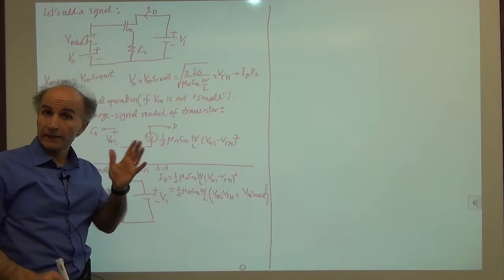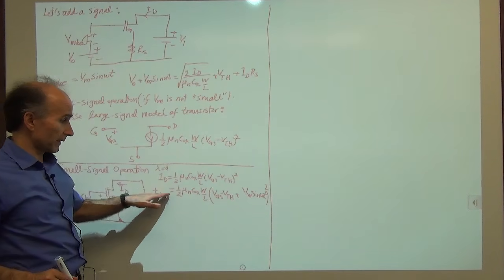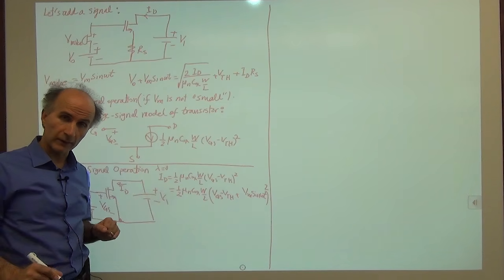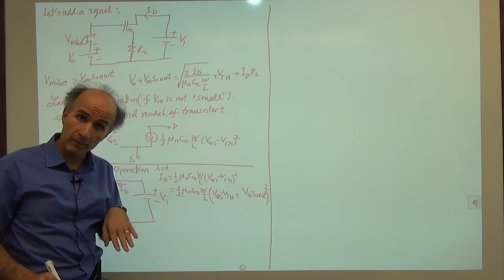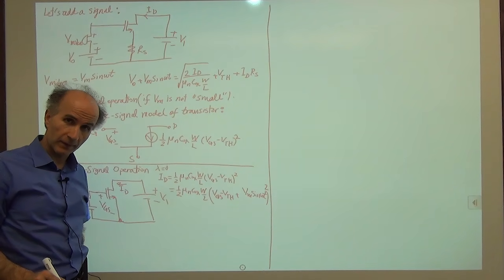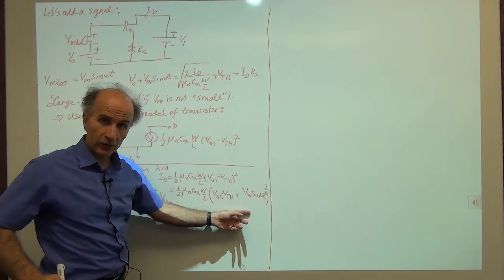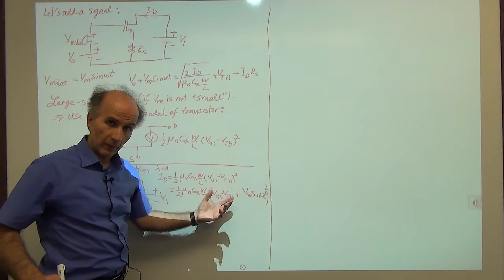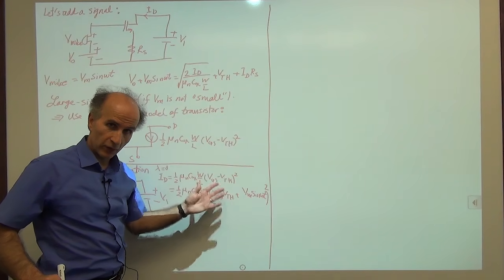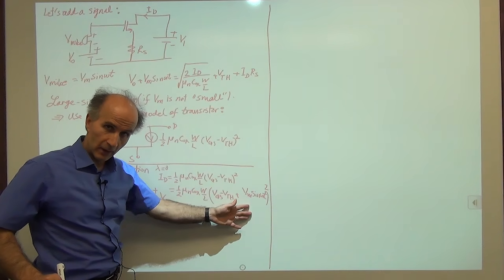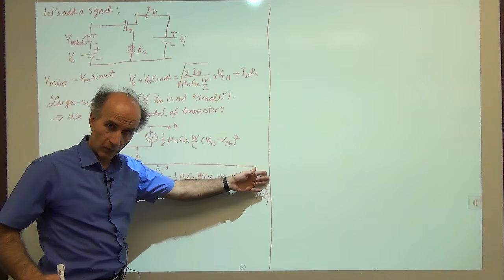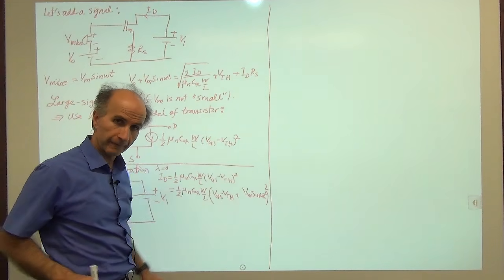Now, if Vm is not small, this is it. That's how we calculate ID. No question about it. But if Vm is small, maybe we can make some simplifications. All right, so if Vm is small, what's our first reaction here? Well, maybe I can factor out VGS minus VTH to get 1 plus a small number, and then expand that using a simple approximation.